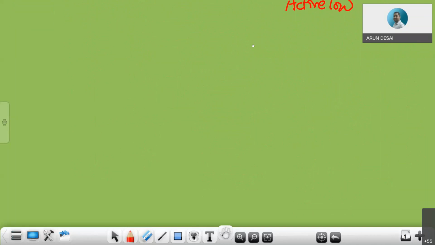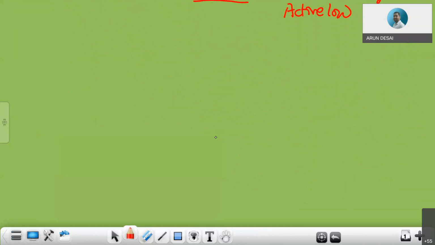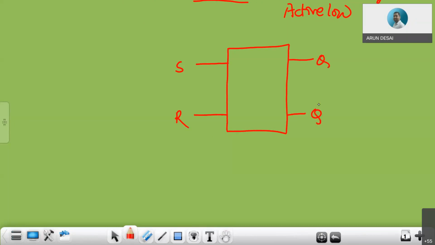How does the symbol look for the SR flip flop? A block is used. This is my set. This is my reset. Q and Q complement, right? So this is the SR flip flop.